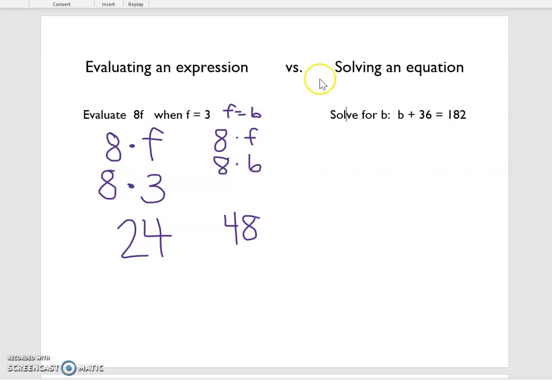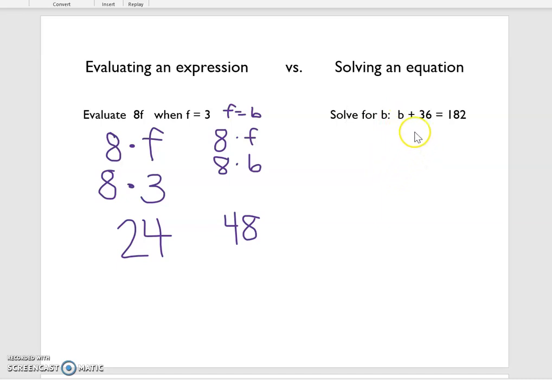On the other side, I'm going to solve for b. When we're solving for what that variable equals, we want to isolate the variable, meaning getting it by itself. Because I'm not told what b equals, I need to use my inverse operation to figure it out.